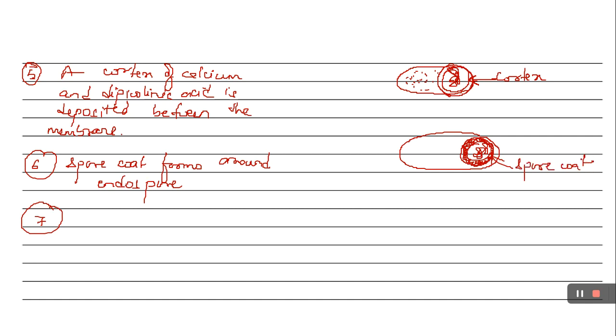Then maturation of the endospore will take place and completion of the spore coat. The spore coat is still not mature, and the endospore is not yet mature. So maturation of the endospore and completion of the spore coat, with an increase in resistance to physical damage.